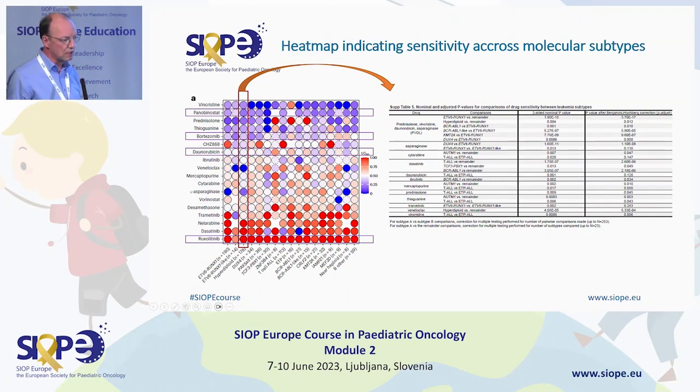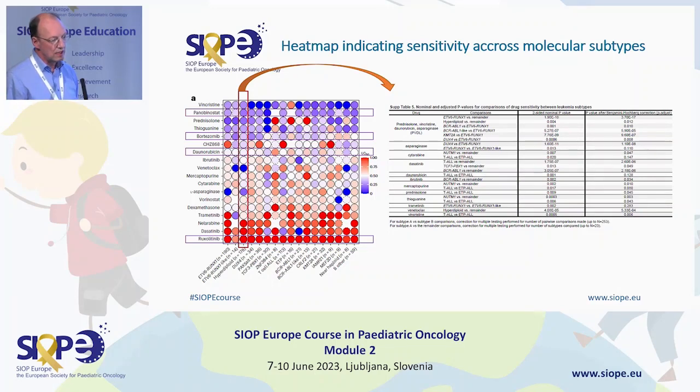For example, if you take something like venetoclax, then you see, and that is expressed in the table, I think it's in the annex, where it shows that hypodiploid versus any other type is more sensitive to venetoclax. So you can also turn it around and look at the drugs and then the subgroups in different ways.